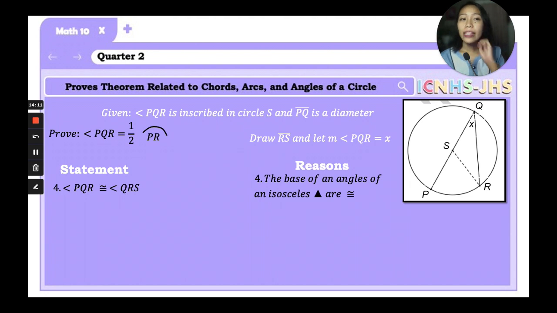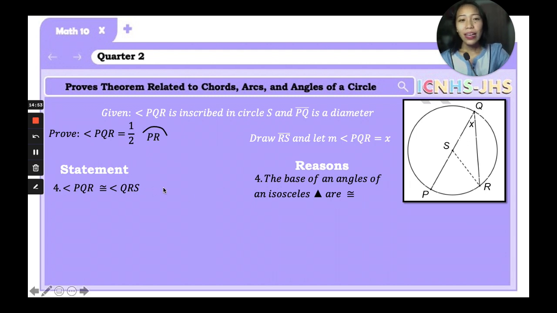And the reason for that, followed after the definition of isosceles triangle, we know that the parts of an isosceles triangle are the base angles and the vertex angle, right? So we can say that PQR and QRS are base angles of our isosceles triangle. The base angles of an isosceles triangle are congruent.